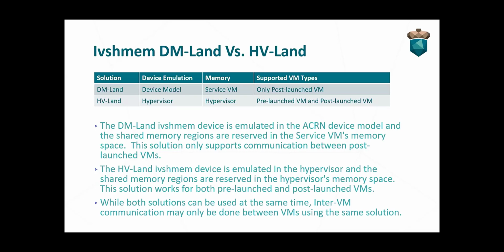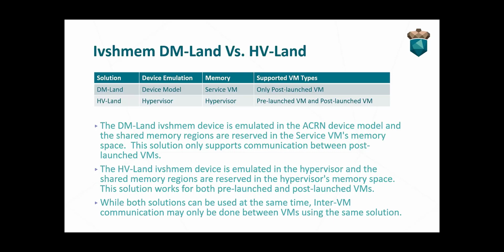If we want to communicate with a pre-launched VM, we must use the hypervisor-land IVSHMEM solution. The hypervisor-land IVSHMEM device is emulated in the hypervisor, and the shared memory region is reserved in the hypervisor's memory space.